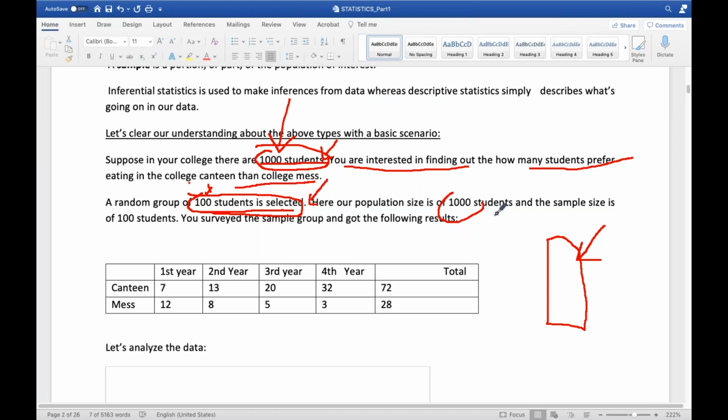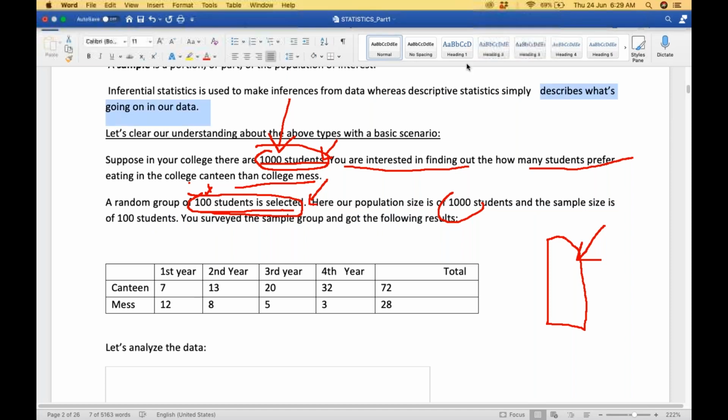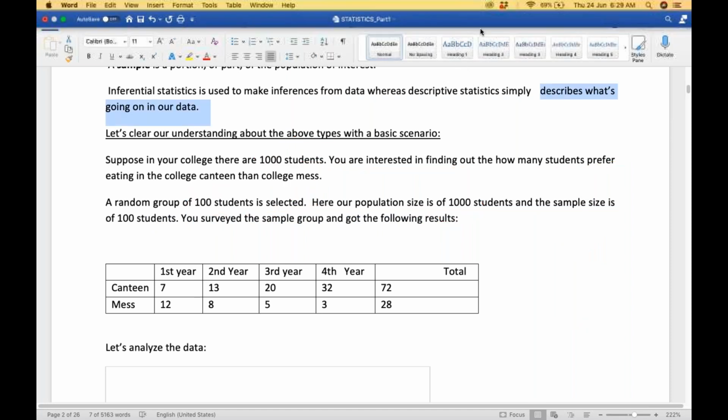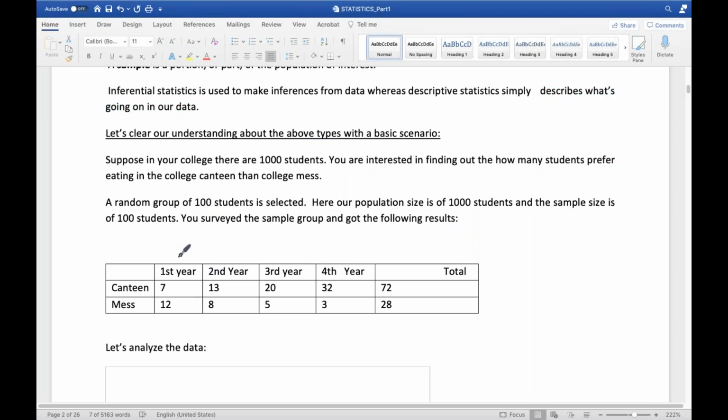This 100 is the sample, and with the sample size of 100, you survey the sample group and go for the result. Whatever 100 students' data we collected, there might be first year students, second year students, third year students, and fourth year students.